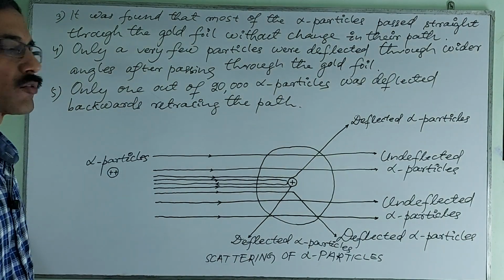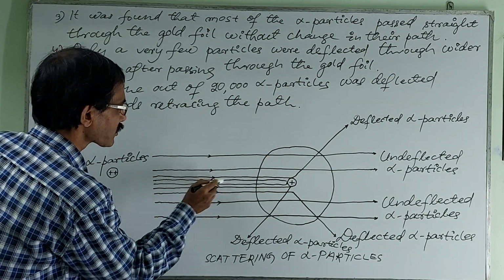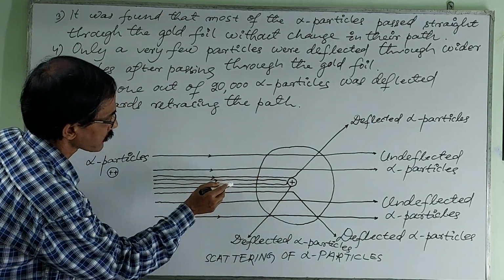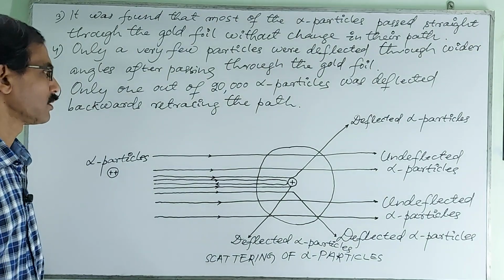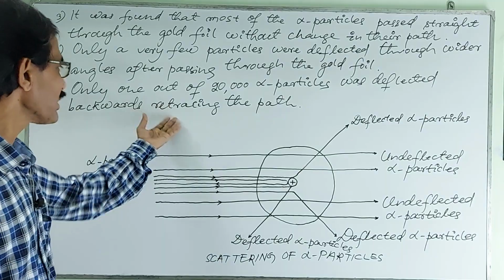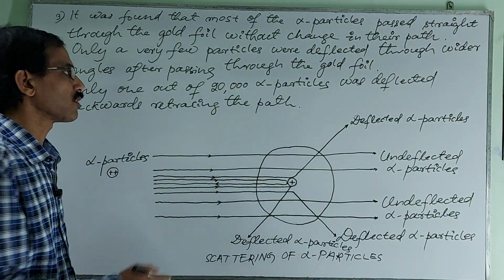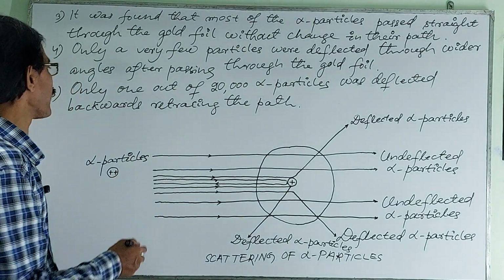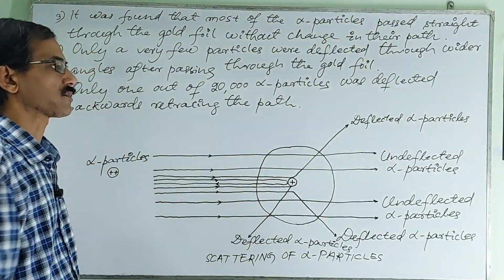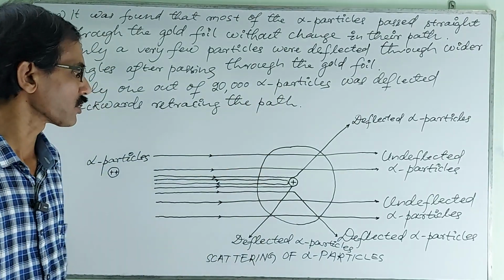Only one out of 20,000 particles was deflected backward, retracing the path. The meaning of retracing I have explained to you. Retracing means go back over the same path. My students, write down and neatly draw the diagram.